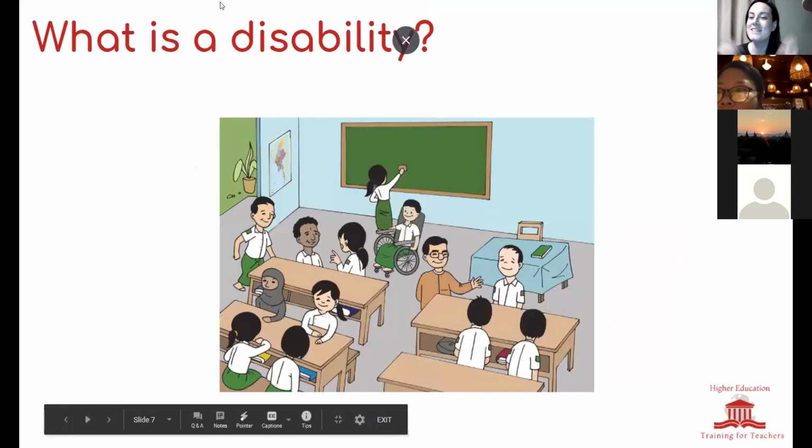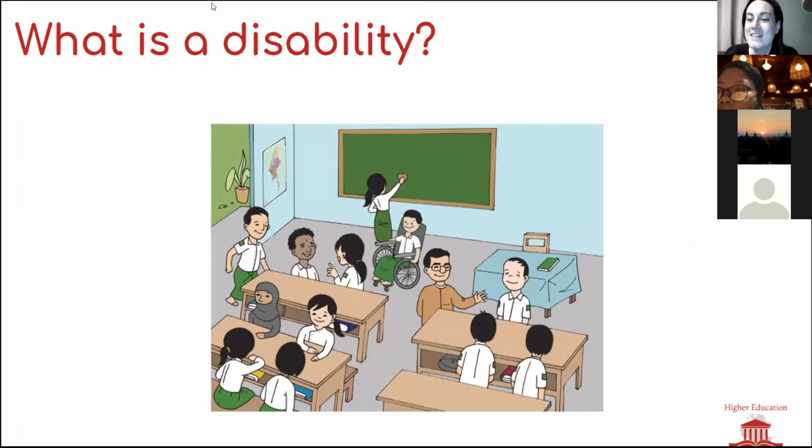So what is a disability? Some people gave examples, but what is it? How would you define it? You can either type it or tell me. A person who cannot do like any other people. Yeah, someone who can't do what most people can do.